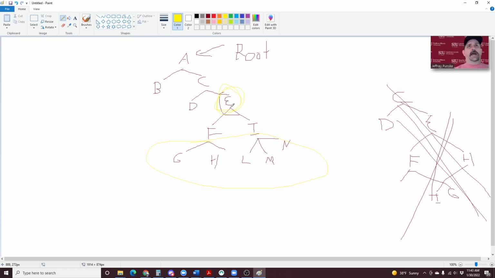Can I trace a line back up and see that it is in the domination? And the answer is yes. So I is a constituent of E, but D would not be a constituent. So that's going to help us more formally define what it means to be a constituent.